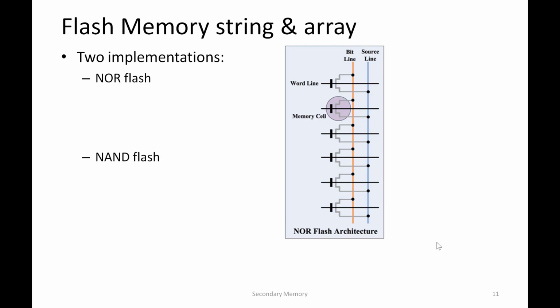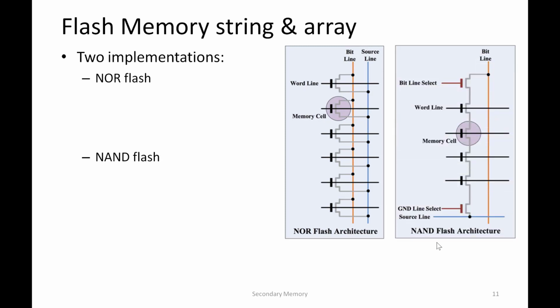The other implementation is NAND flash, wherein the source and drain terminals of adjacent cells are connected, and the drain terminal of the last cell is connected to a single bit line, and the source terminal of the first cell is connected to the single source line. And just like NOR flash, each individual gate terminal will form the word line.